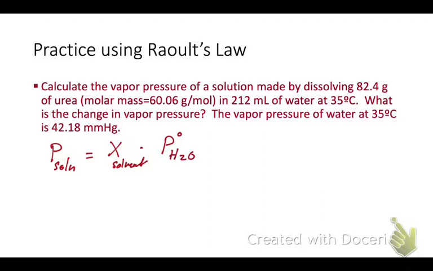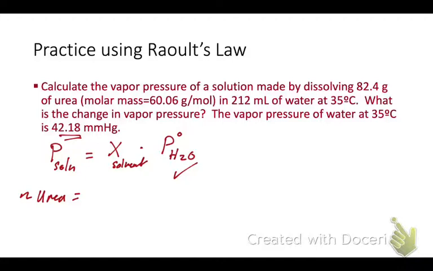Let's see what we have. Do we have the pressure of the pure solvent at this temperature? Yes, they have given me that. Can I calculate the mole fraction of water? Yes. First, can I calculate moles of urea? The answer is yes.